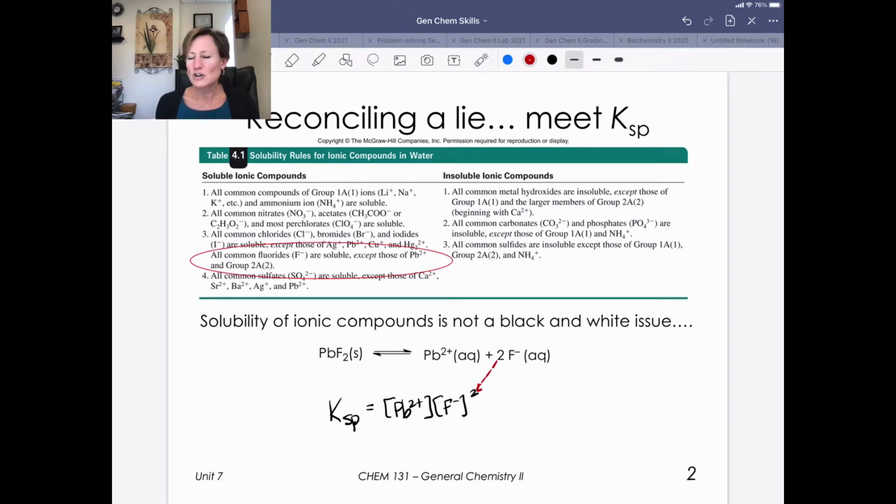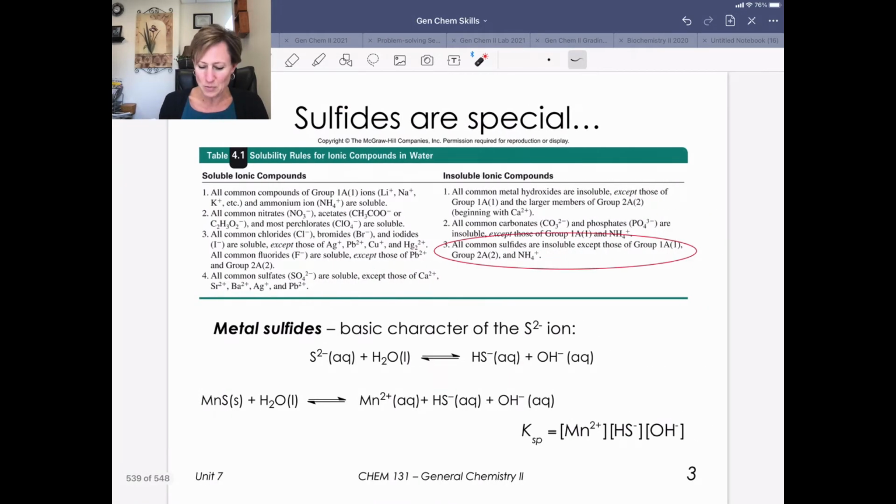So we have to make sure we get back into the mindset of looking at our balanced chemical equation and understanding that sometimes we are going to see non-unity coefficients here, which means we're going to have exponents that we need to consider in our equilibrium expressions and x's that may have a 2, a 3, or even more than that in front of it in our ICE tables. But we're going to use a lot of the same strategies that we had with equilibrium problems all along here to think about solubility equilibrium problems.